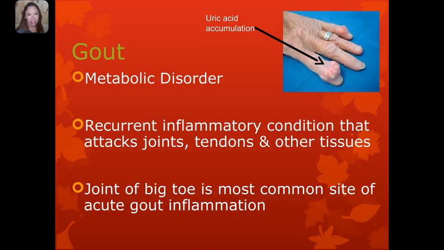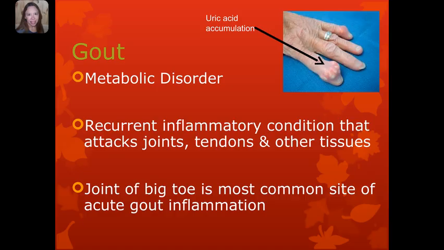What happens in gout is that it's a uric acid metabolism disorder, and an increase of uric acid builds up within the bloodstream. Then the uric acid accumulates, it gets stuck, and a lot of times it gets stuck right there at the big toe, and now we have a painful joint.